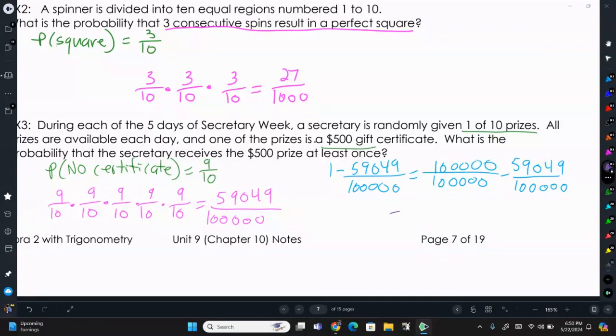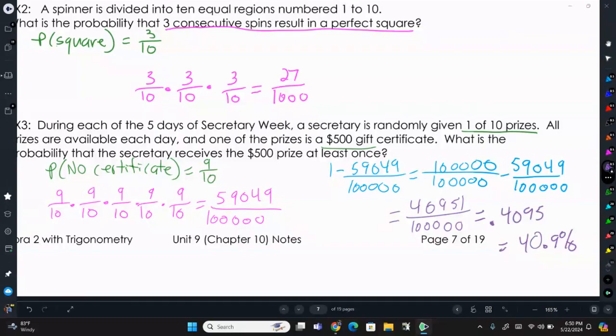And that will give us 40,951 over 100,000. Actually, let's write this as a decimal first: 0.4095, which is 40.9%.